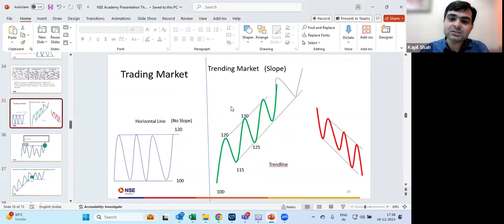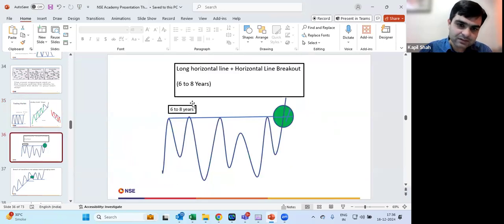And when there is a trending situation, prices keep on moving in one direction, upside or downside, but there is a direction. There we use the trend lines, right? So the horizontal line is one of my favorite setups: long consolidation patches and breakouts. This is the structural change that I see in the stock.